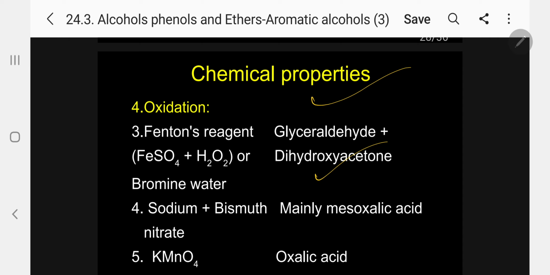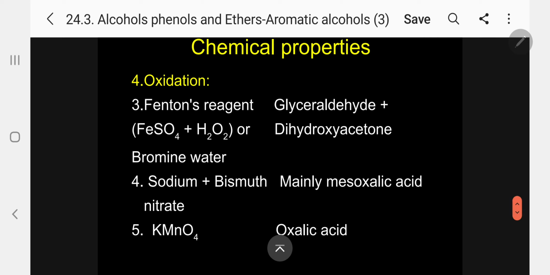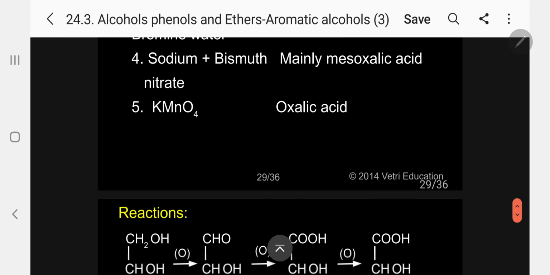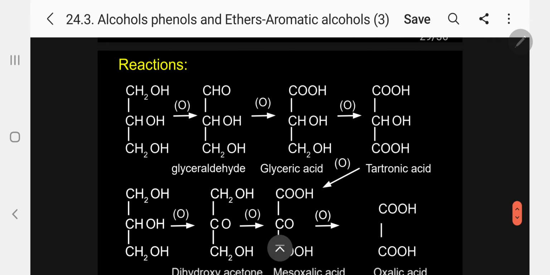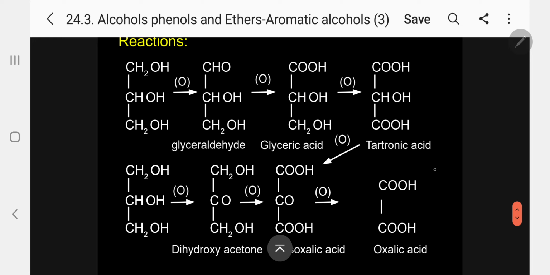Fourth one is sodium bismuthate, mainly giving mesoxalic acid, and potassium permanganate cleaves the molecule into oxalic acid and formic acid. See, there are 5 different oxidizing agents and different products. Now I am giving it all together in the same slide. Please listen carefully, my dear students.